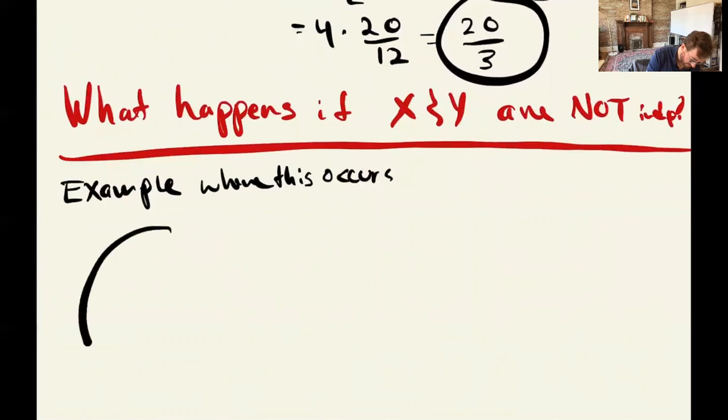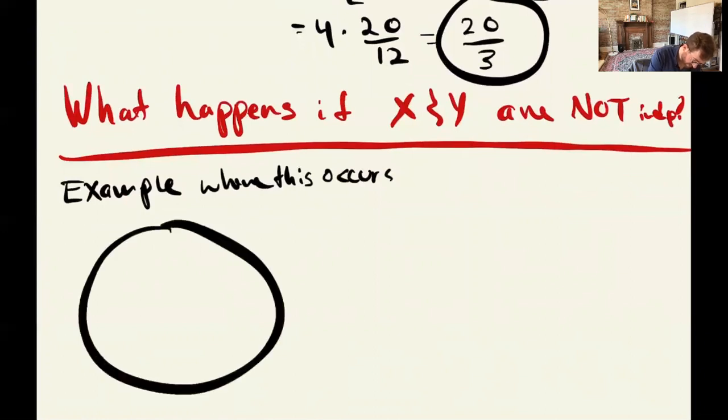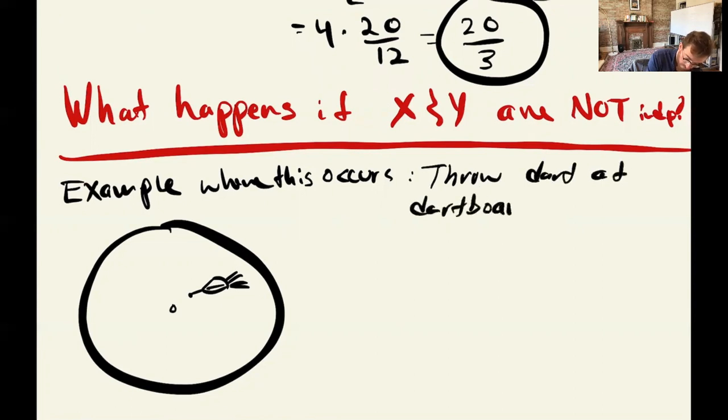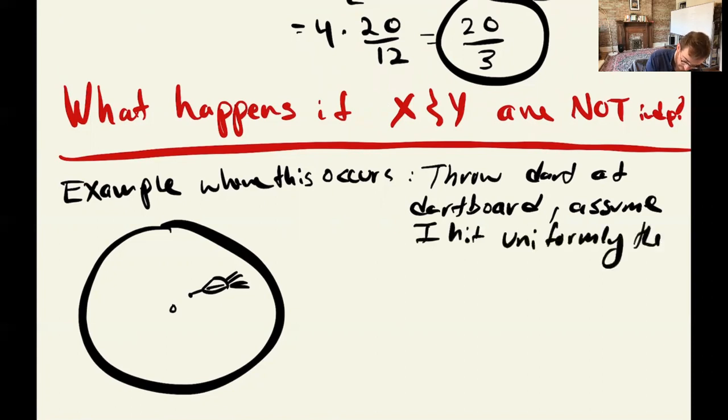It's remarkably commonplace: if I throw a dart at a dartboard, here X and Y are not independent. This is where I assume I hit the board uniformly at random.